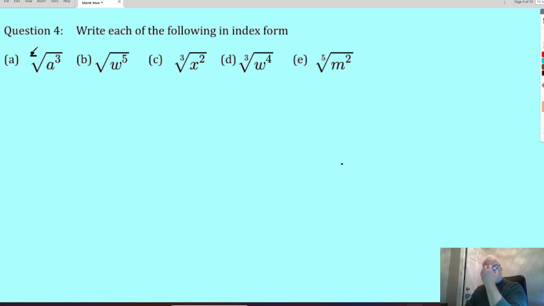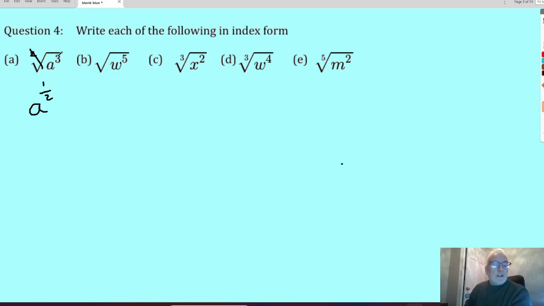Okay, and we can try and simplify this a little bit and come up with a tip or a trick for this one. And that is that if we have anything raised to the square root, remember it's to the power of a half. So if I take my base number as a, and I'm going to raise it to the power of a half, that's dealing with the square root.